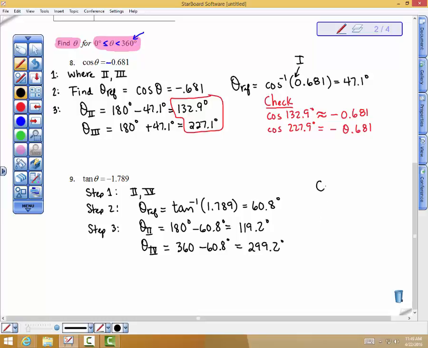And finally, would you check and see, we're doing this with tangent in mind, so see if the tangent of 119.2 and the tangent of 299.2 both turn out to be a negative 1.789. Again, lots of practice problems here.